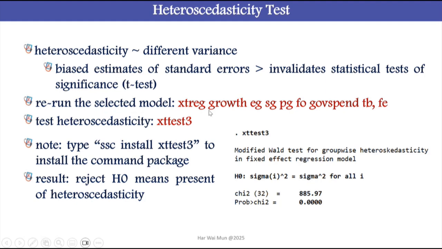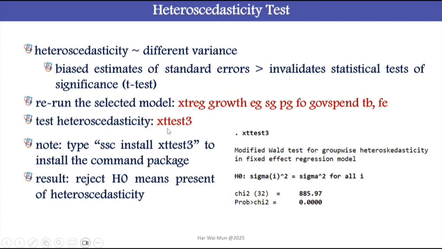So how? You rerun the selected model. We will go through this later; here we only rerun the fixed effect model. Just now it was xttest0, so this one is xttest3. The numbering is not fixed by me; the command package already has it like that.